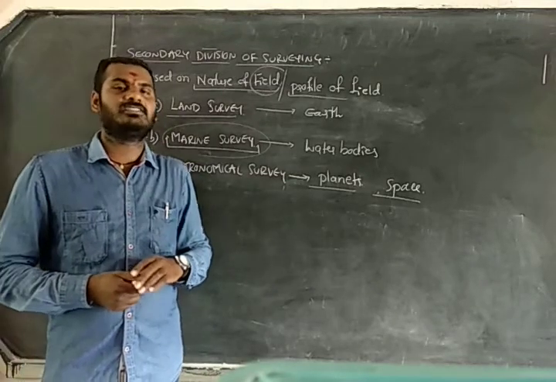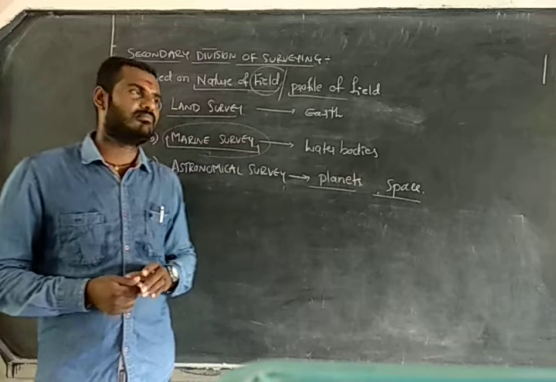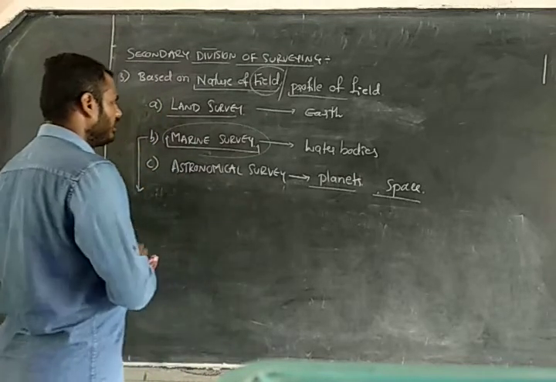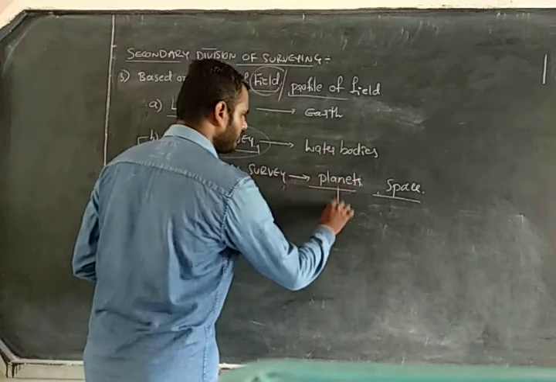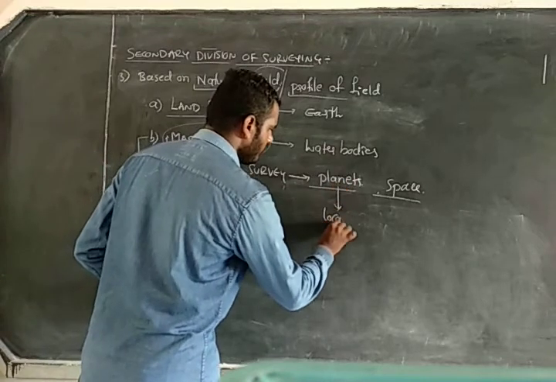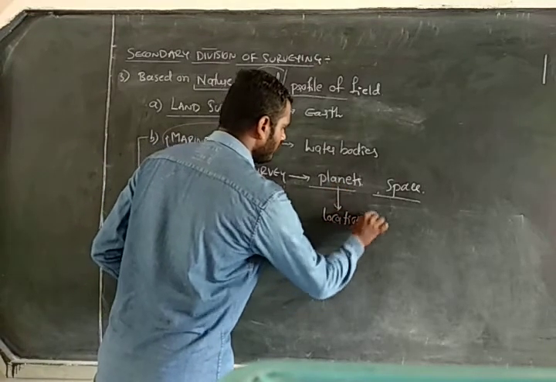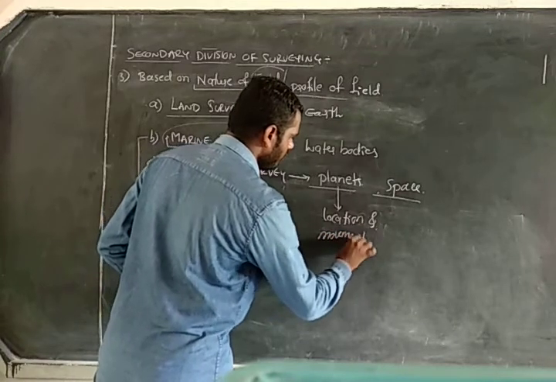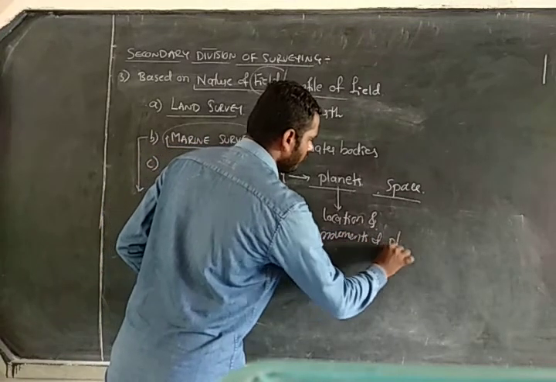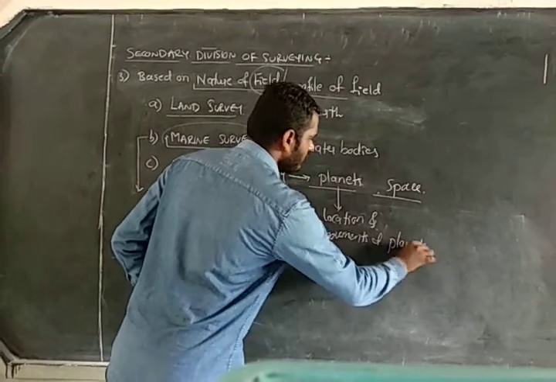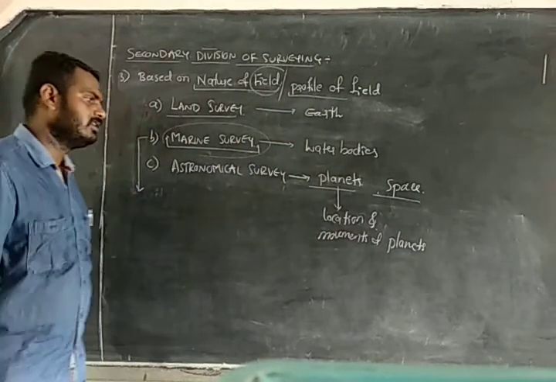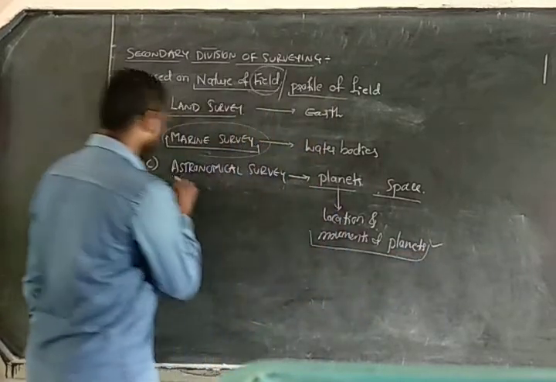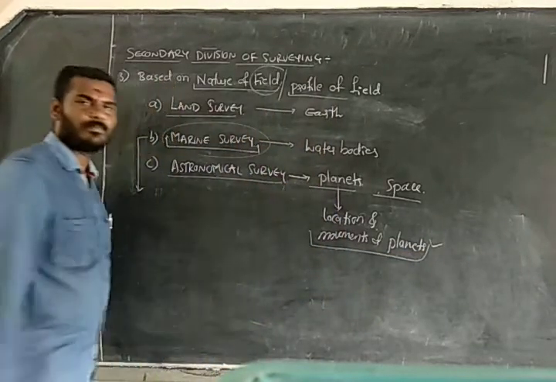By using satellite photographs and allowing satellites to observe these planets, we can observe the location and movements of planets, stars, and so on. This can be done in astronomical survey.